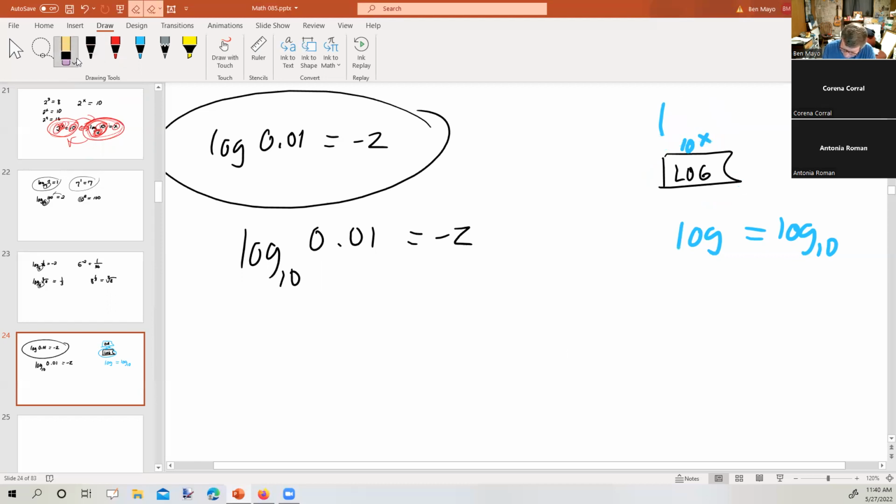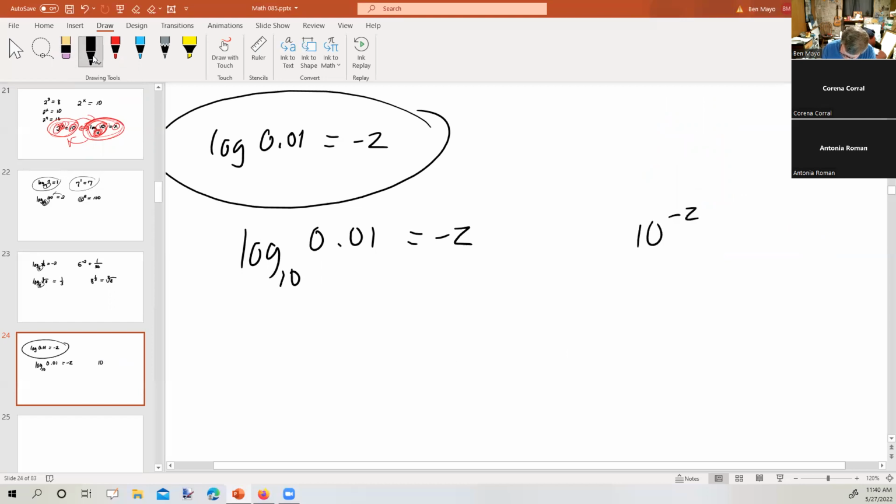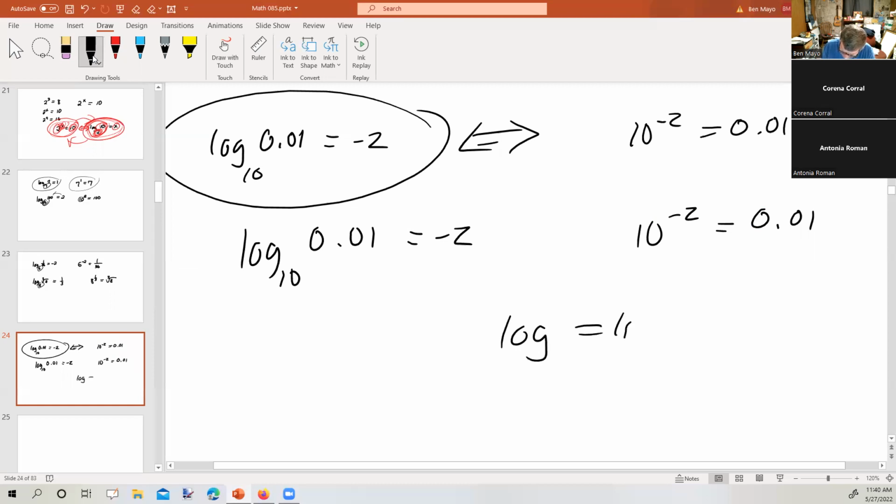Now, this would be 10 to the -2 power equals 0.01. But from here, you'd have to remember that there's a 10 there to get 10 to the -2 power is 0.01. All right. Any questions there?